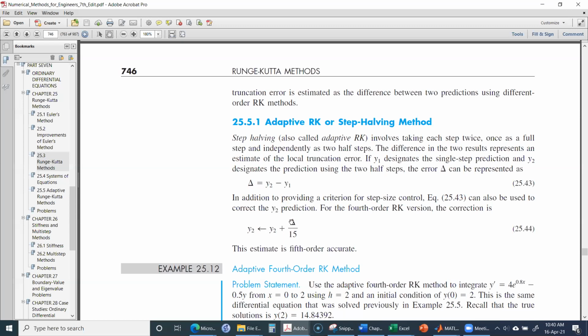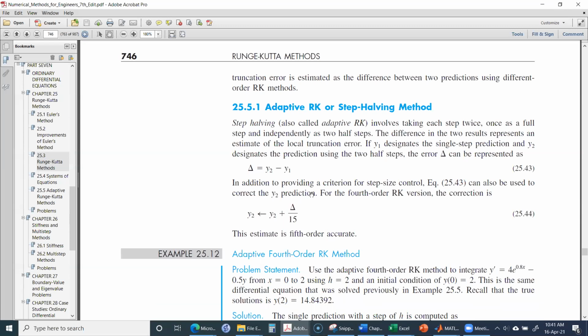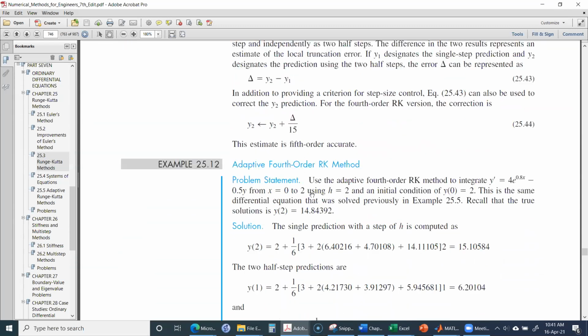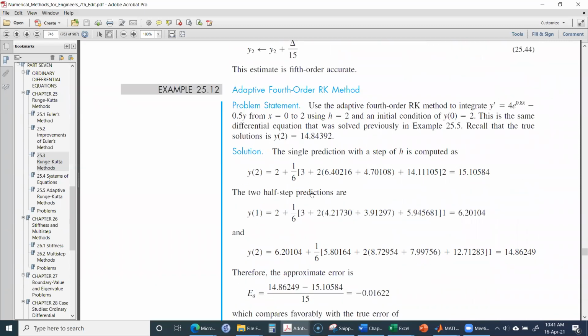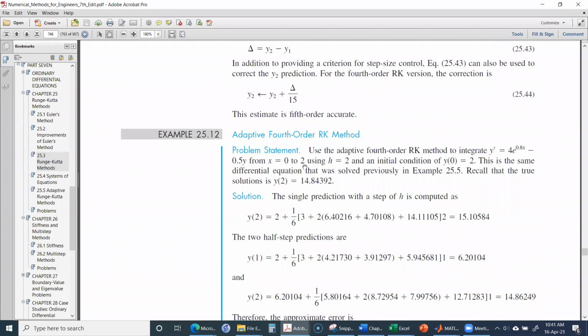I think this delta over 15 has a derivation, but it is not provided in this book. Anyway, we can still use it. This is called the adaptive fourth order Runge-Kutta method. If you want to correct the second estimate, we have to apply this method.